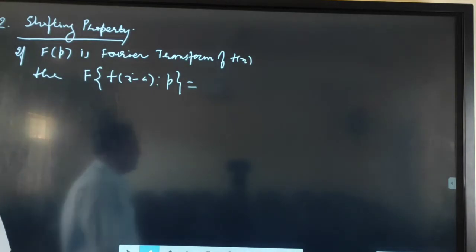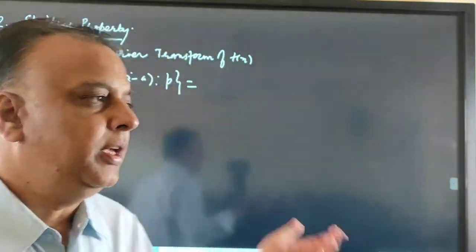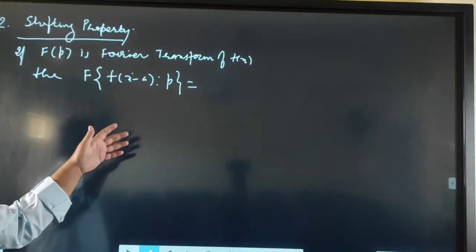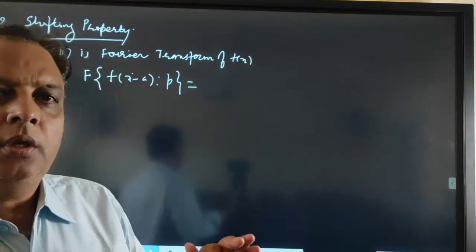What is the Fourier transformation of f(x minus a)? This is known as the shifting property. We will first calculate the Fourier transformation of f(x minus a), and then we complete this property.